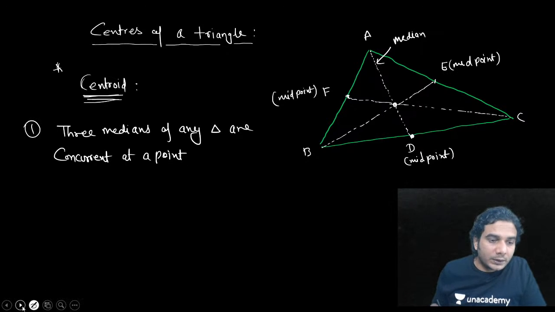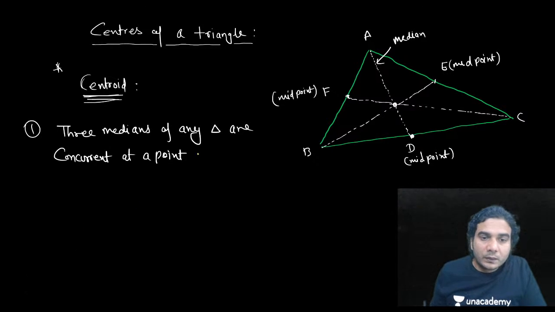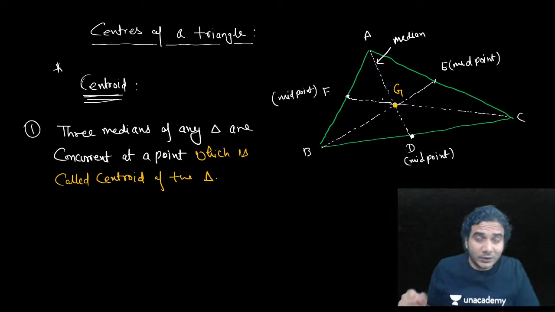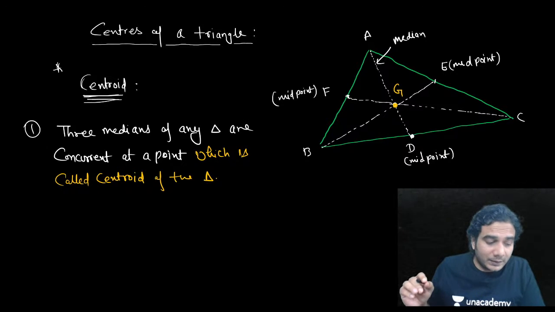That is the first point, which is called the centroid of the triangle. So three medians are concurrent at this point, and this point is called centroid, generally denoted by G, but it's not necessary. You can represent it by any other letter.